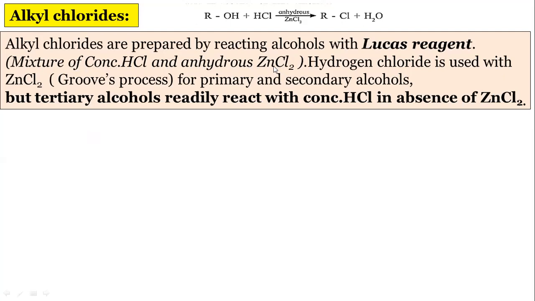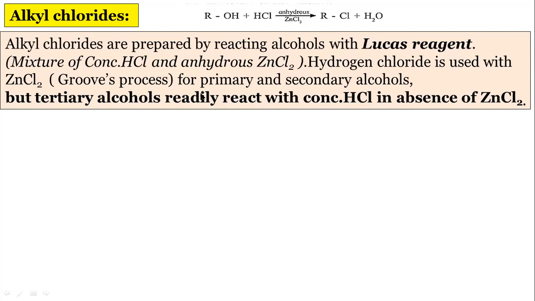But in case of tertiary alcohols, this ZnCl2 is not required, because of the stability of the carbocation. In bold type it is written that tertiary alcohols readily react with only concentrated HCl in absence of ZnCl2. So remember, for primary and secondary alcohols we have to use ZnCl2 and concentrated HCl.